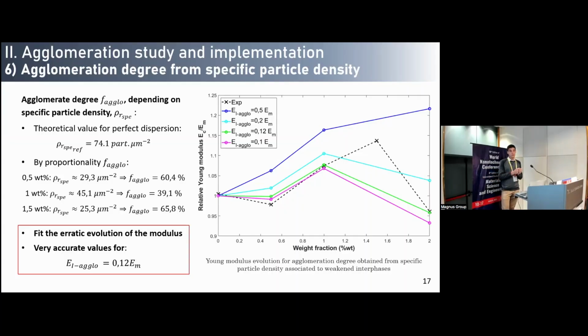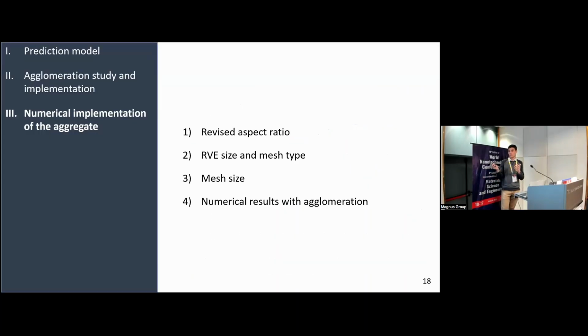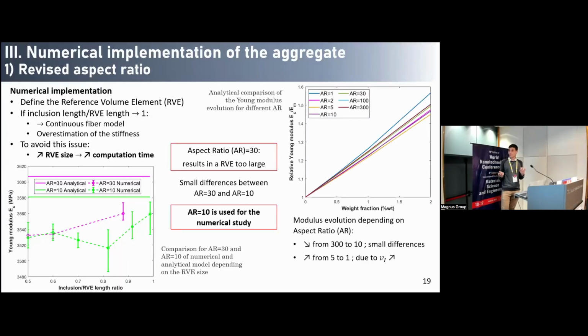So now that we were able to extract an agglomeration ratio that seems to provide accurate results by supposing a softer interface, we will implement it in our numerical model also.